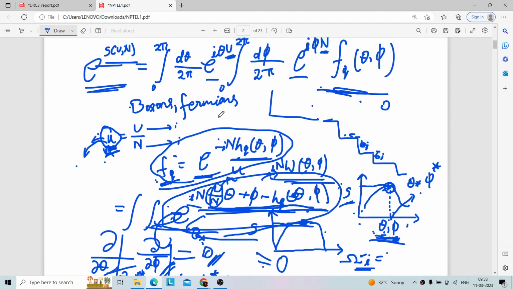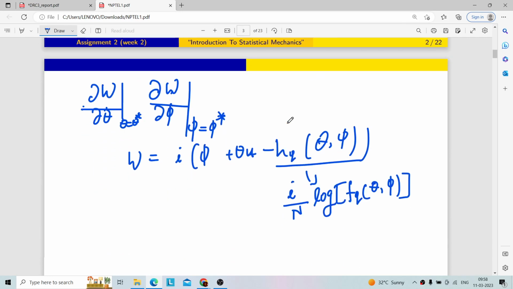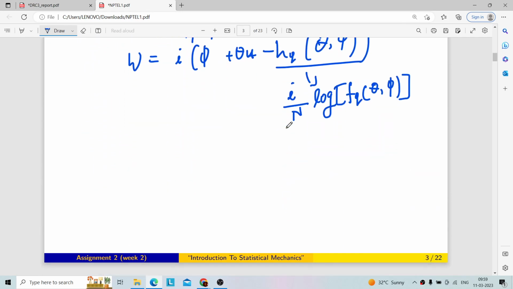And sometime before I have written the fq form as 1 plus some exponential, q power, and depending on that q value it can be fermion or boson. So let me write down this fq again.